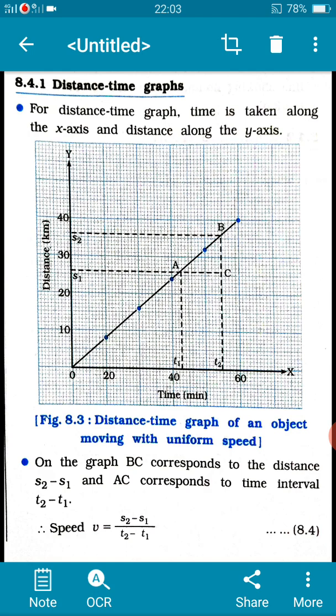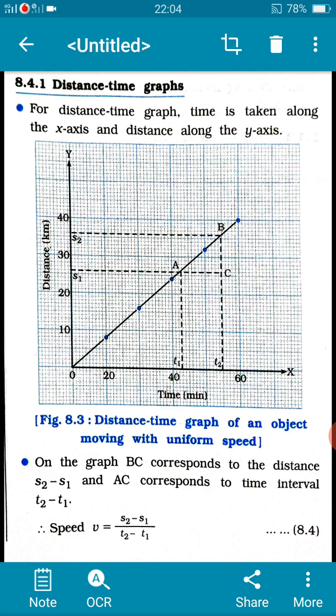Is that clear? Now, these two lines, we can see they meet at the point C. So the line which is parallel to the x-axis, drawn through the point A, and the line parallel to the y-axis drawn through the point B, they both meet at the point C. And there you get one triangle, that is triangle ABC.